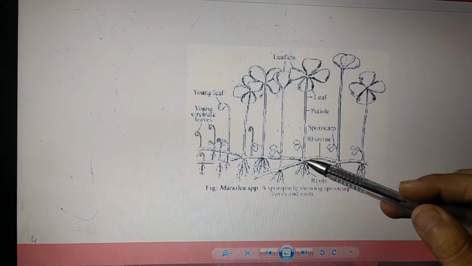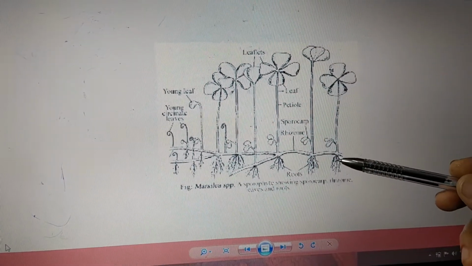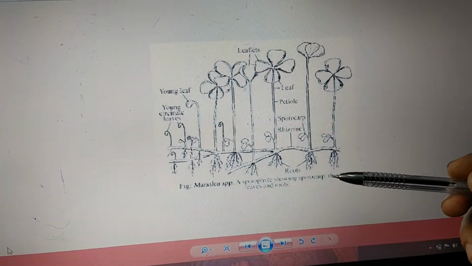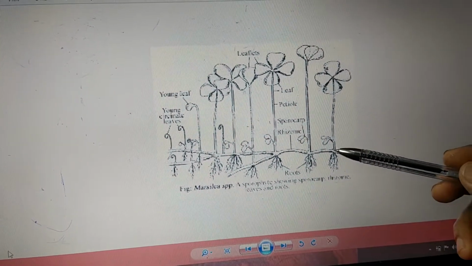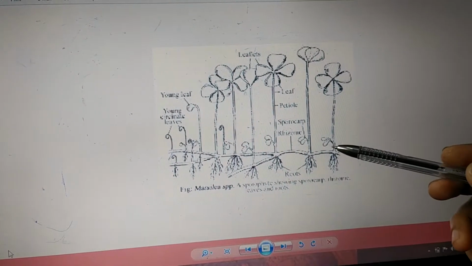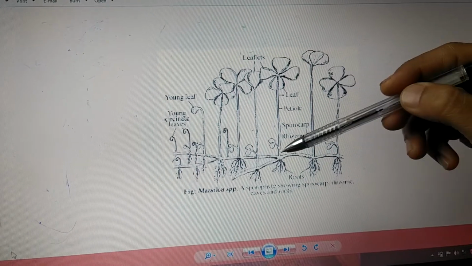These are the nodes. From the nodes below, what arises is a tuft of roots. These roots may be branched or unbranched, but they arise from the nodal region of the rhizome. And above, from the node, what arises is this slender petiole.